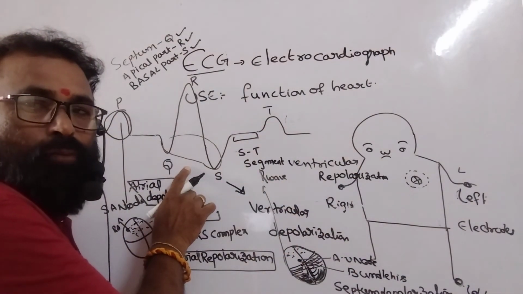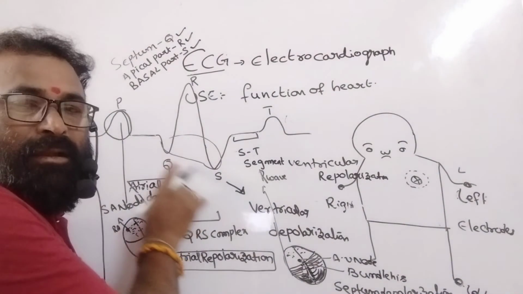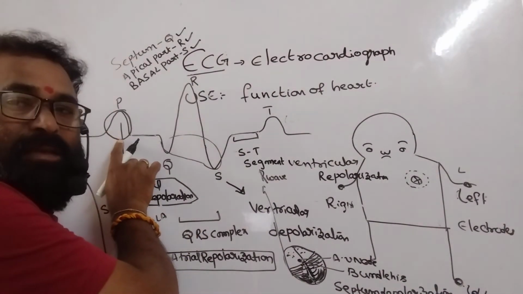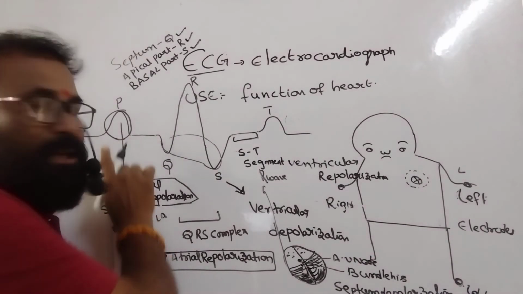The QRS complex is formed due to ventricular depolarization. The P wave is caused due to atrial depolarization.